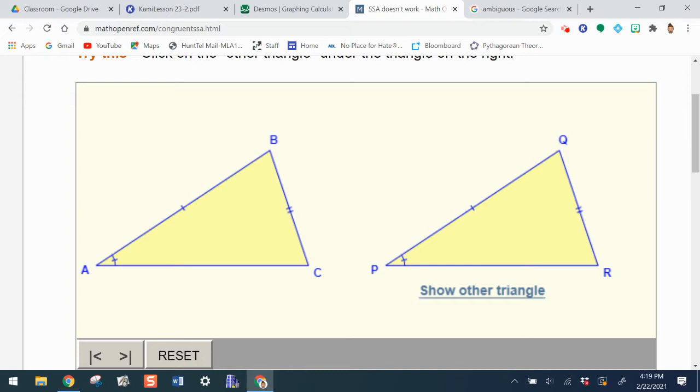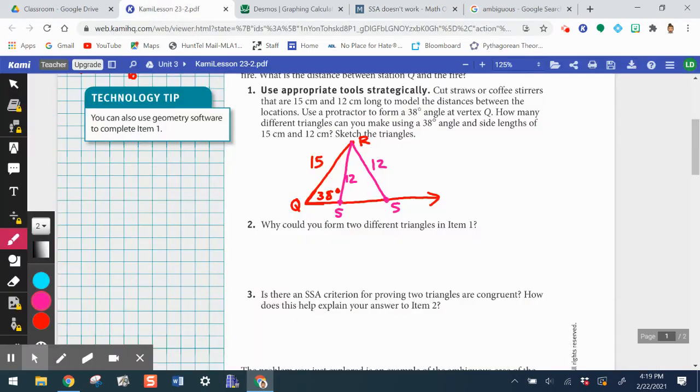The problem here, and what I just showed on my sketch, is that we can move point R along this segment that Q is on, or P is on, excuse me, move this vertex that P is on, such that QR is still 12 units or still congruent to BC, but now angle R shows an obtuse angle instead of acute.